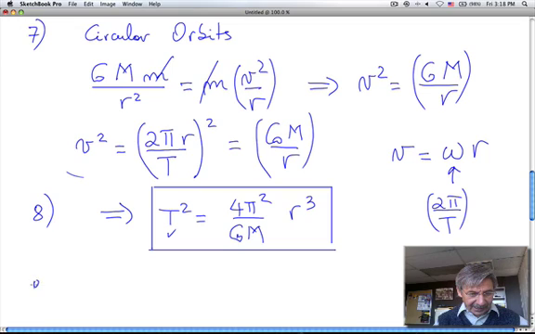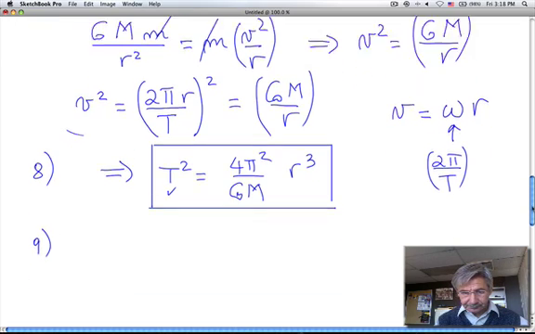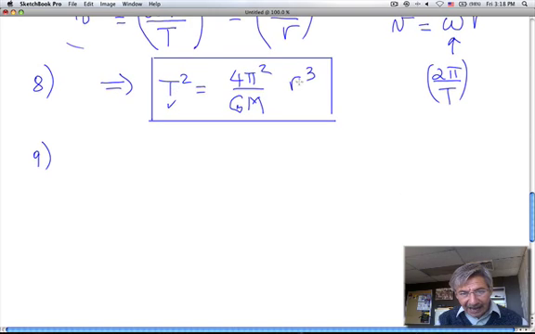In number 9, remember you are going to have one equation from one orbit and another equation from another orbit. When you take the ratio, the factor that shows up there in the question is going to cancel out.